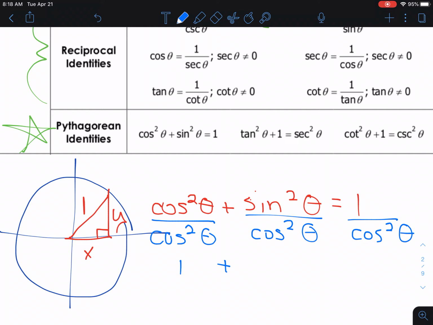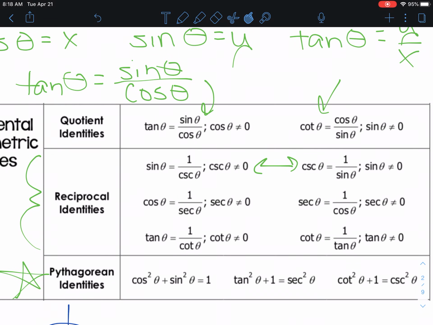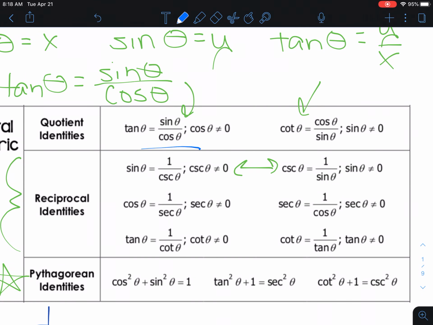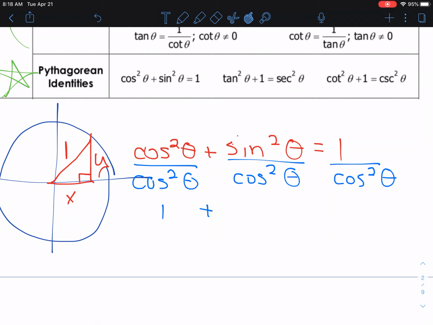Sine squared theta divided by cosine squared theta, well, up top here, we said that tangent is sine over cosine. So sine squared theta over cosine squared theta would be tangent squared theta.